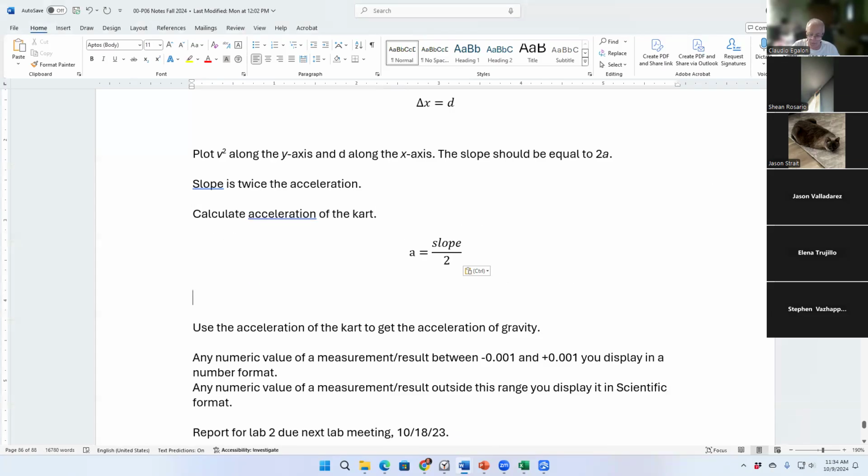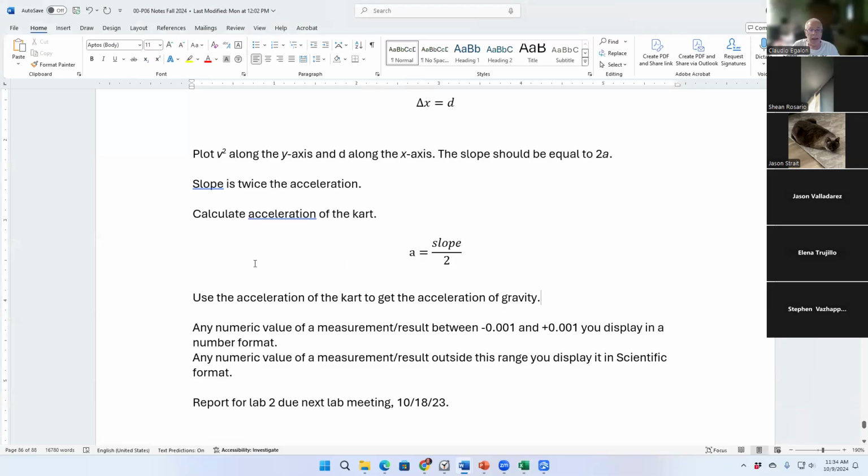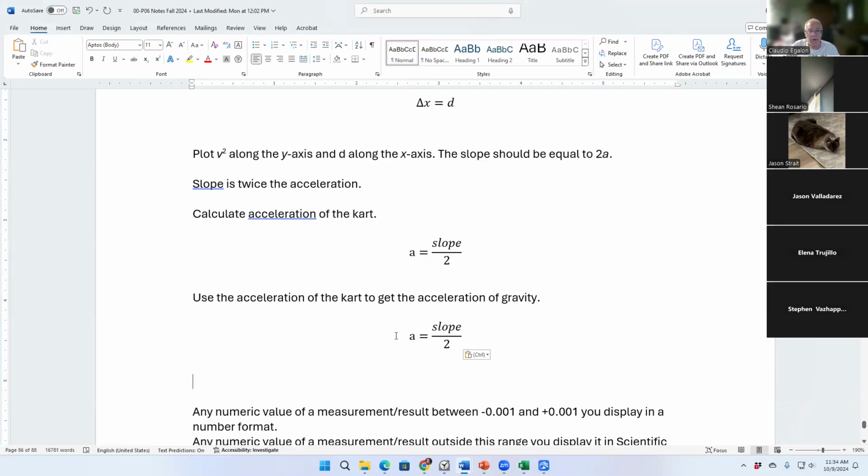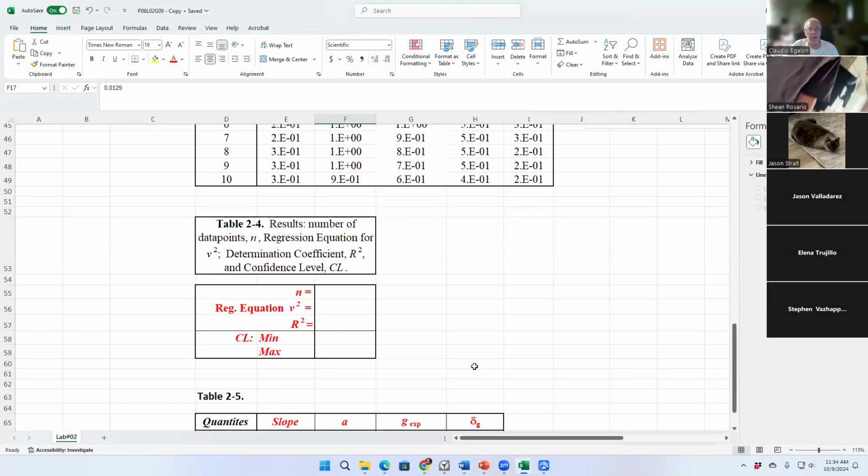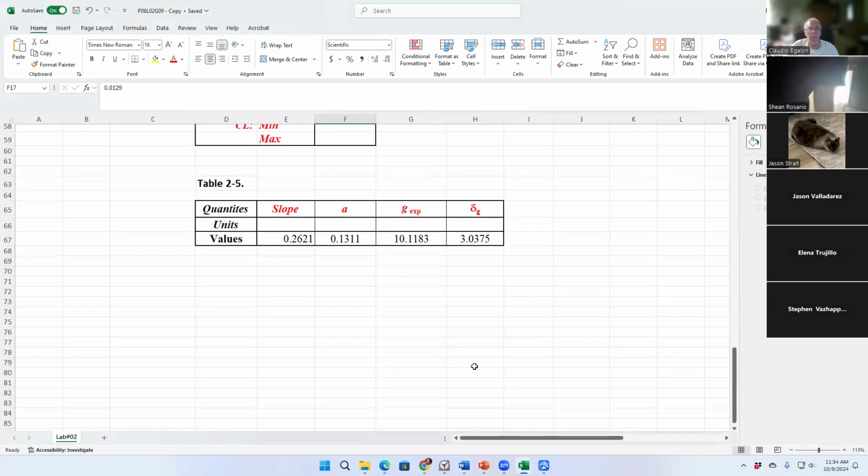Use the acceleration to get the acceleration of gravity, and the acceleration of gravity is going to be A times B divided by H. You know the acceleration of gravity is close to 9.8 meters per second squared. In this specific case, I'm getting 10 meters per second squared. So it is around 3% difference.